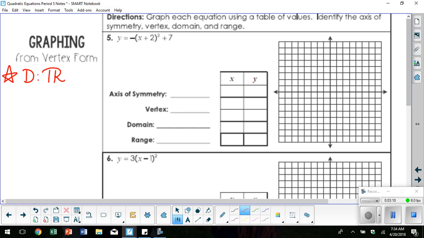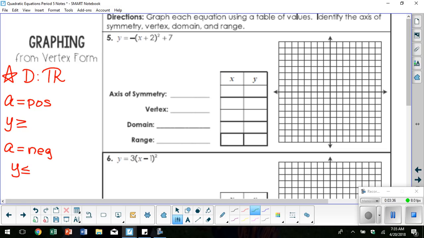The range: if a is a positive number, the range is going to be y greater than or equal to. If a is negative, then y is going to be less than or equal to.